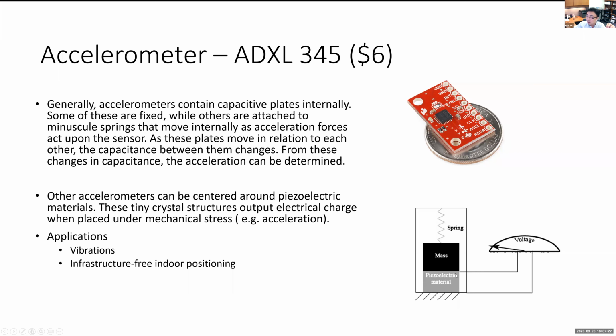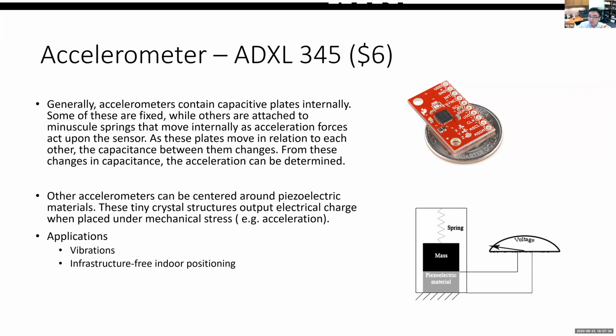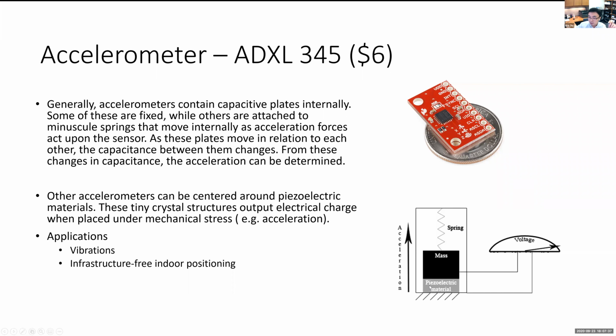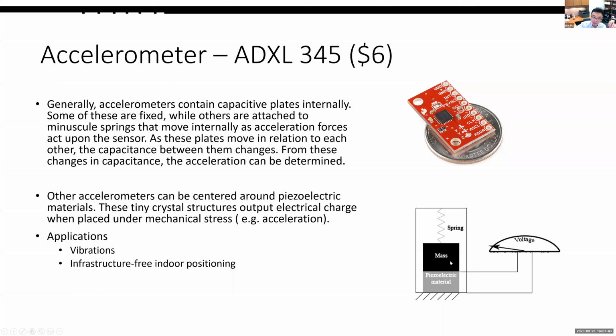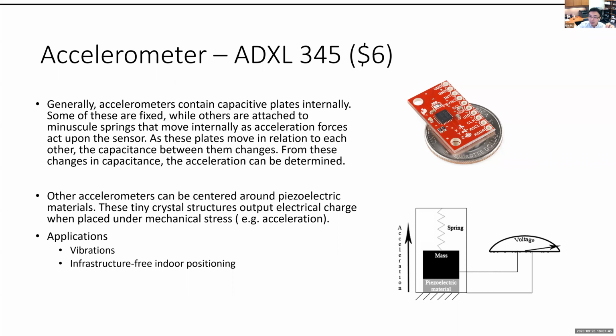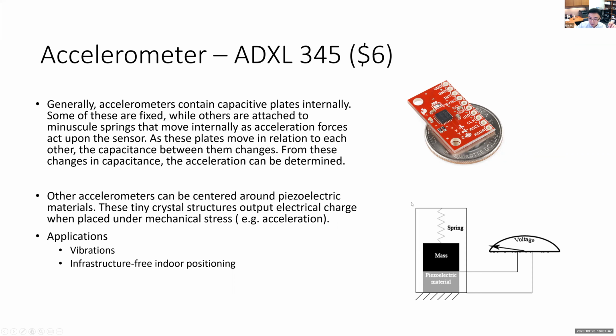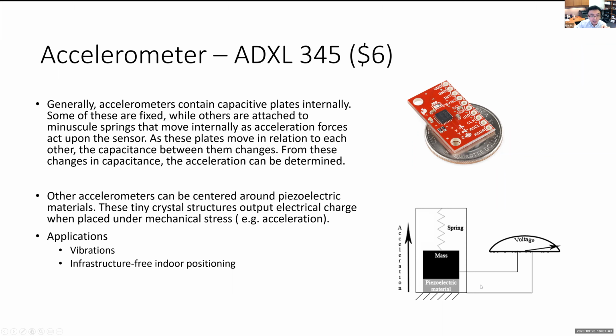Make sense? And the density change is driven by the mass of this one. And this is just the nominal mass. What I mean is if I accelerate in a certain direction, then the nominal mass will change and change the density of this piezoelectric material and finally the voltage. So I just read the voltage, I can recover the acceleration. Make sense?